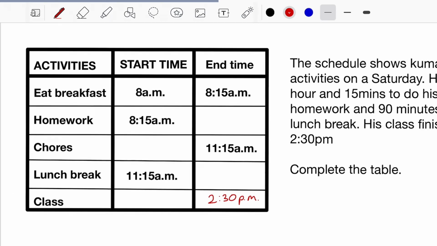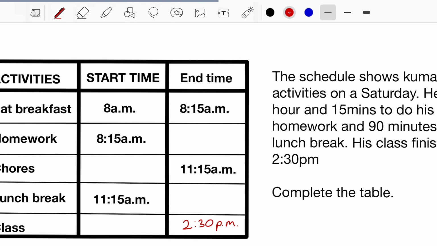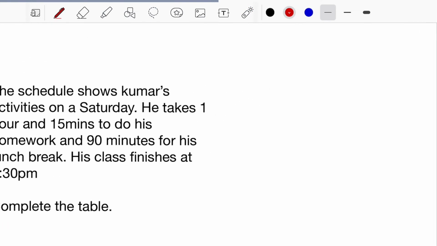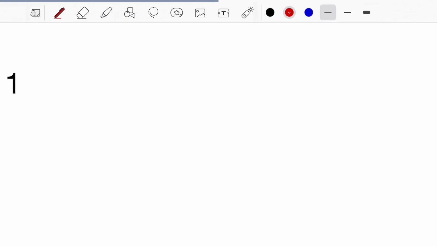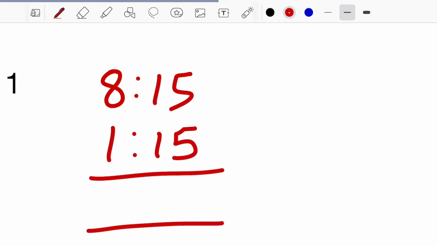They said the homework takes 1 hour and 15 minutes. So in order to get the end time, we must use the start time plus the duration. So that's 8:15 plus 1 hour and 15 minutes. So 15 plus 15 is 30. So the time would be 9:30.